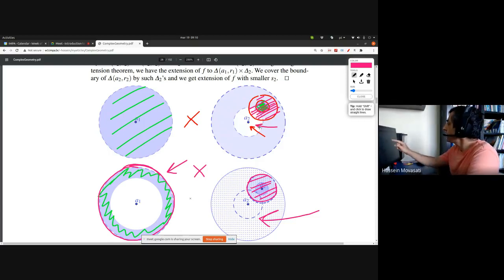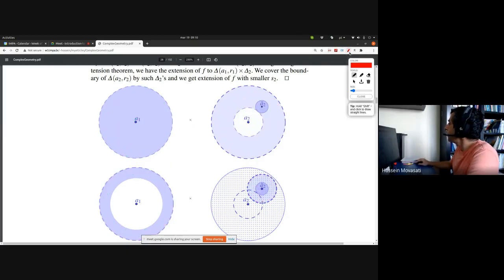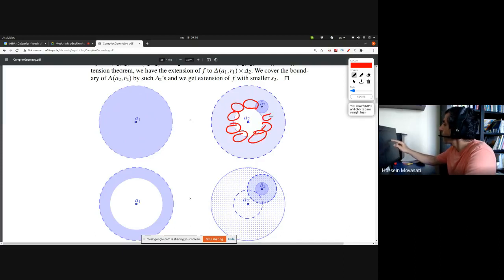And since this small disk is compact, the idea would be that at the end I can fill this region by these small disks and the corresponding bigger disks.